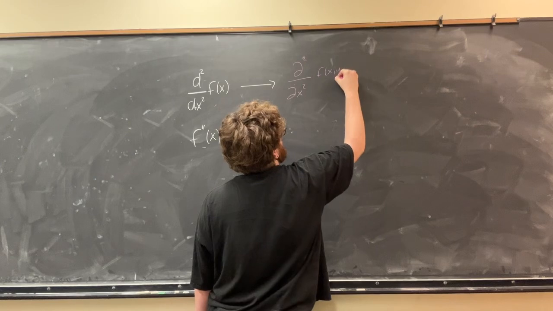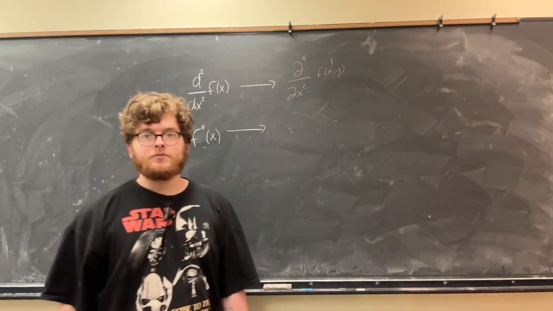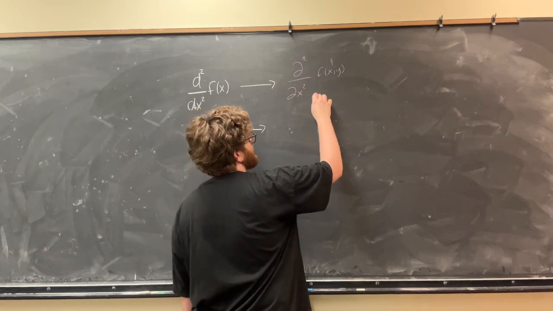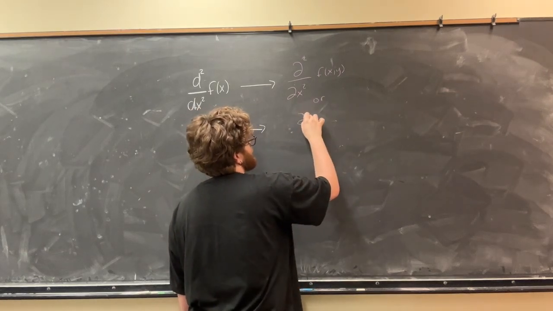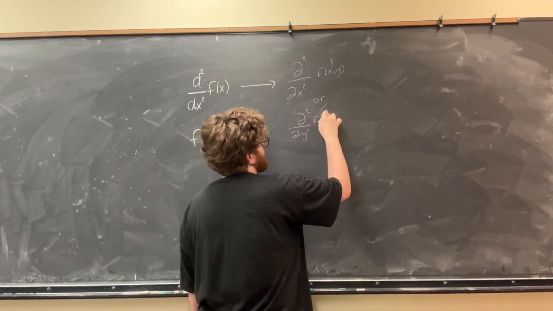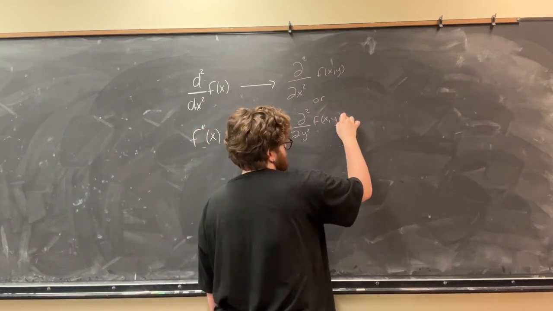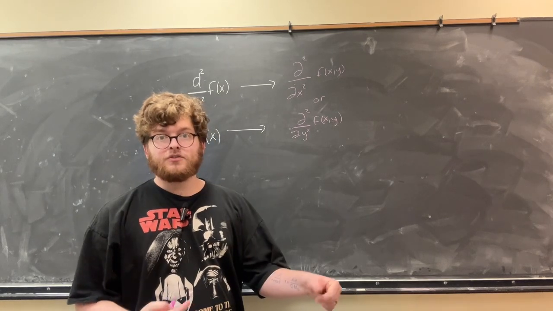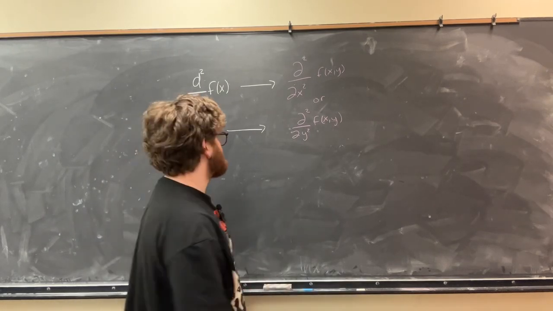However, we can also take partials with respect to y. So we can also get the partial squared with respect to y of our function. Another thing that we can do is we could step in the x direction and then step in the y direction.